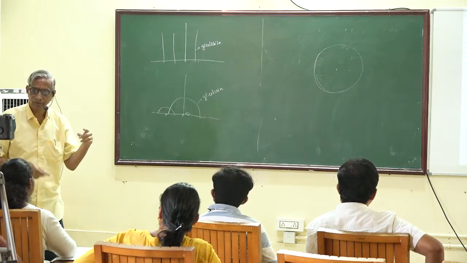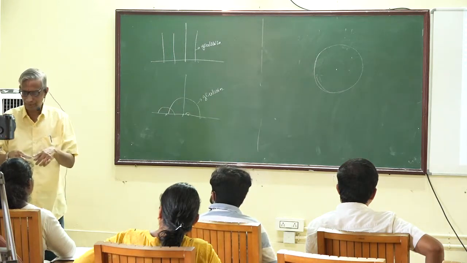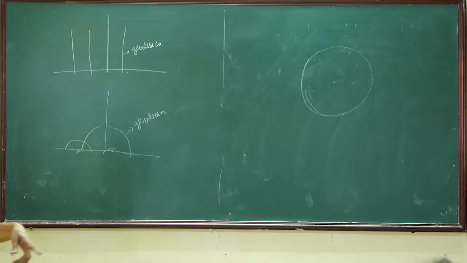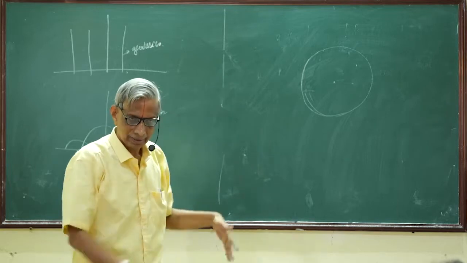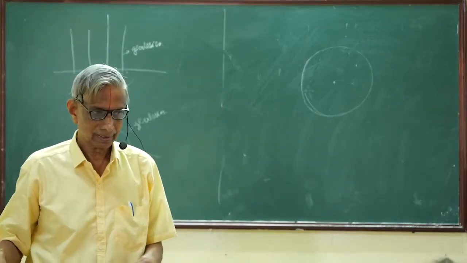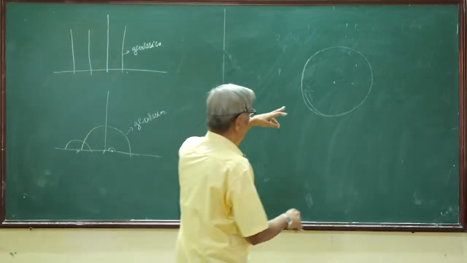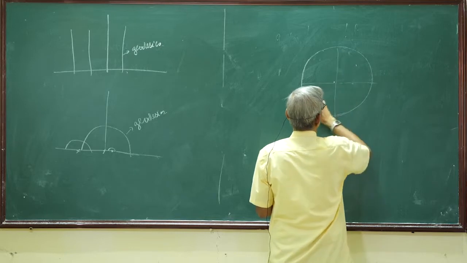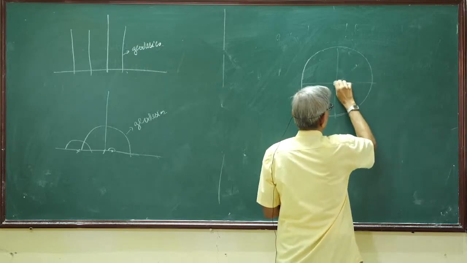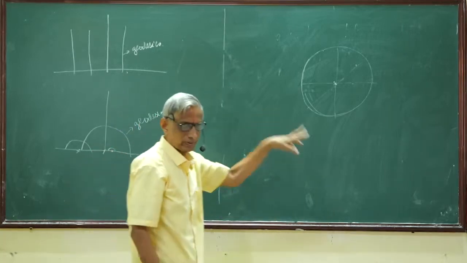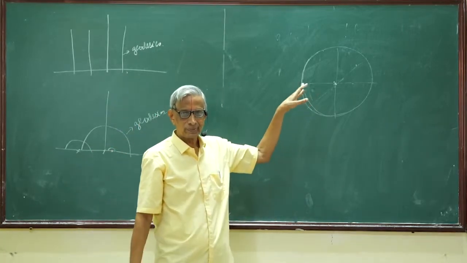Circles orthogonal to the bounding circle. So this includes diameters, lines through the center, right? So these are all geodesics. These are degenerate circles.